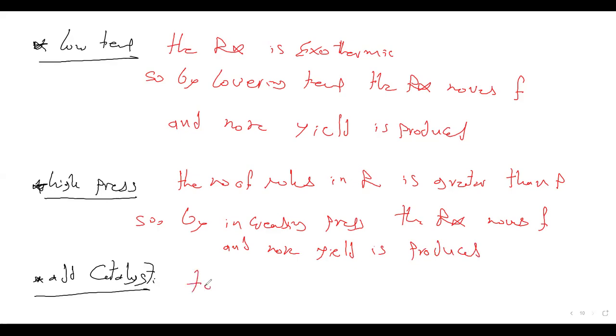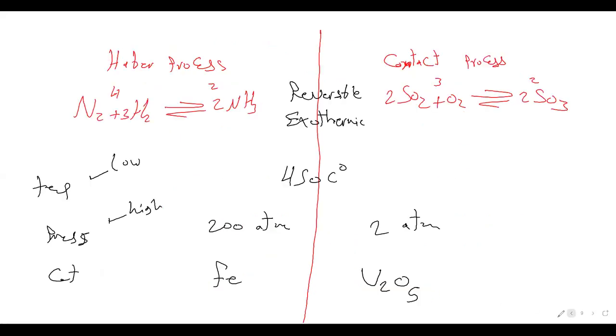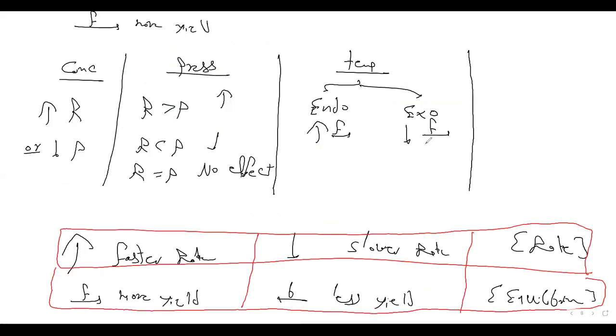Adding catalyst is to speed up the reaction. Because if we are decreasing temperature to make it move forward, we have more yield but slow rate. What is the improvement to increase rate?